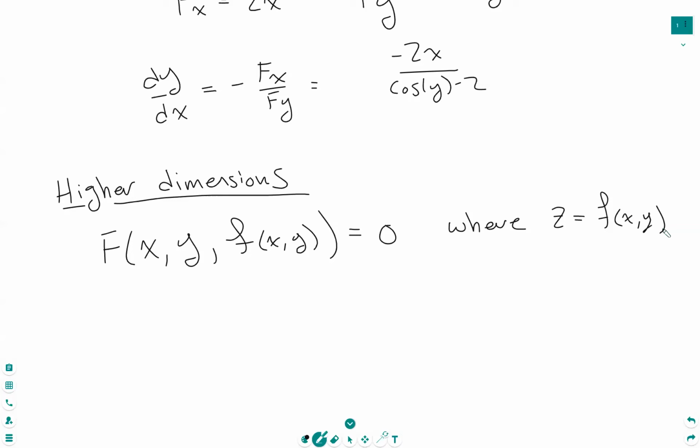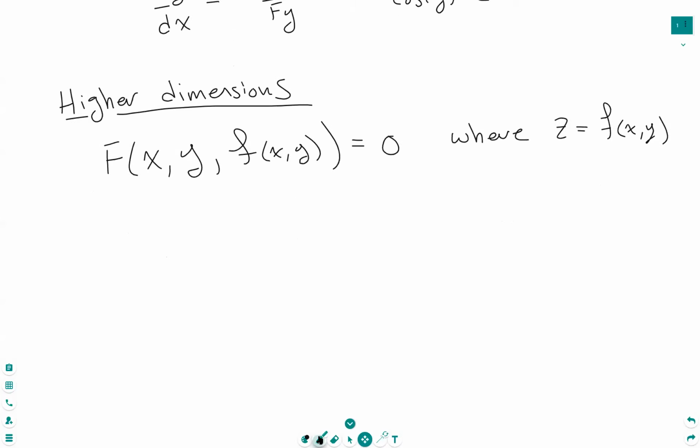So the whole goal is we go up one dimension. Just like before, we had a capital F of x and y. Now, if we go up one more dimension, we have an x, y, and z. So z, we're just trying to find a lowercase function of x and y such that this is equal to 0.